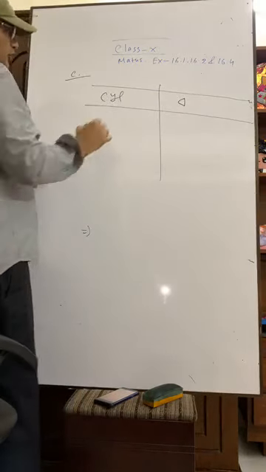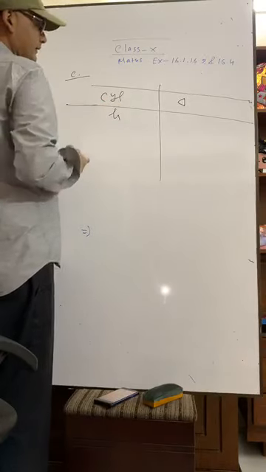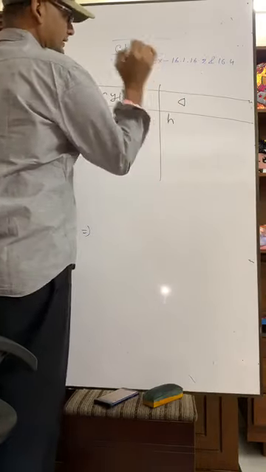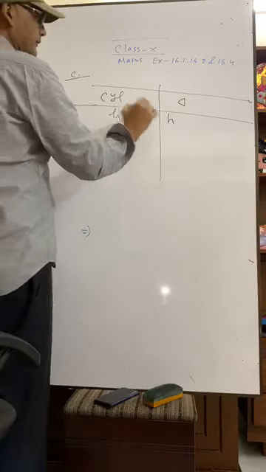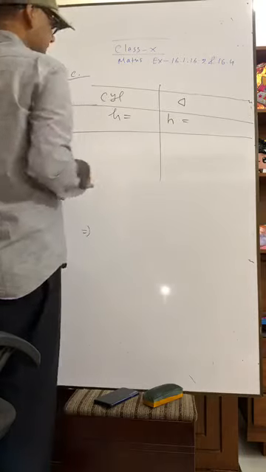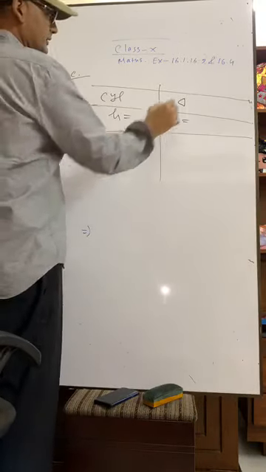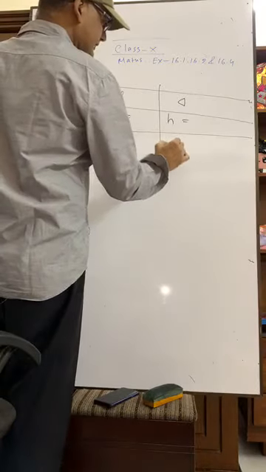So it has height, and the triangle also has height. And it has radius, and it has the length of one side.